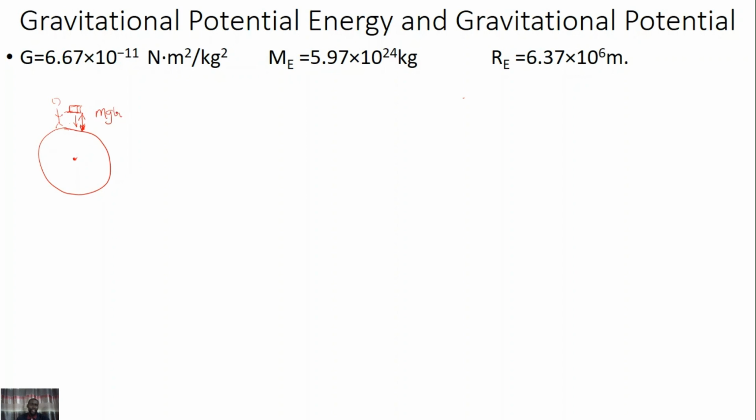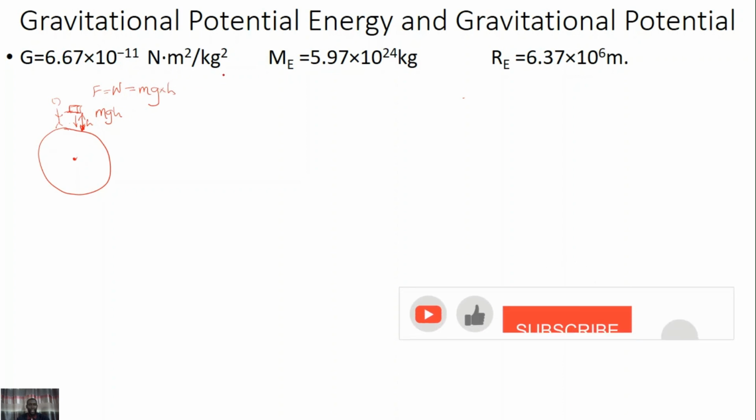And this could probably sound similar to you, because if you watch my earlier video on Newton's law of universal gravitation, I said the weight, which is a kind of force, is equal to the mass times the acceleration due to gravity. And the height will be the distance. Okay, and recall that I said that work done is equal to force times distance.